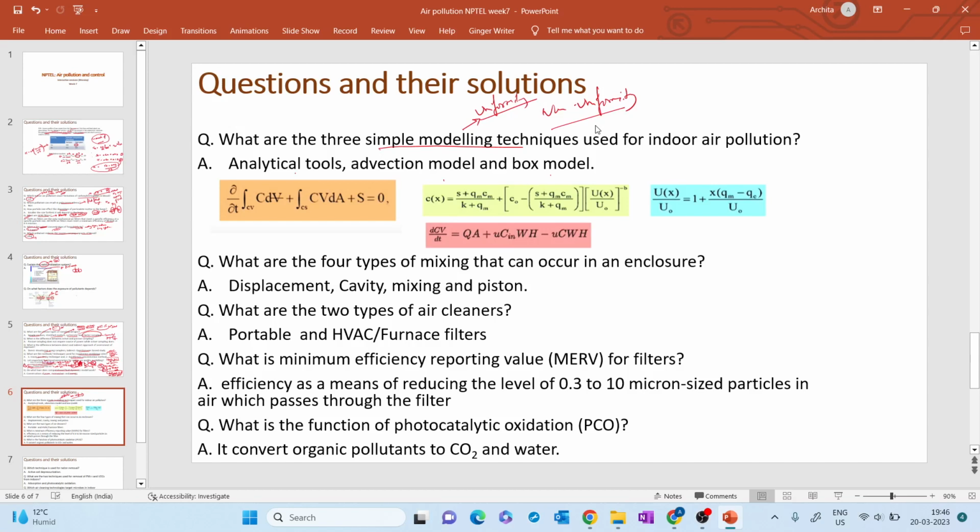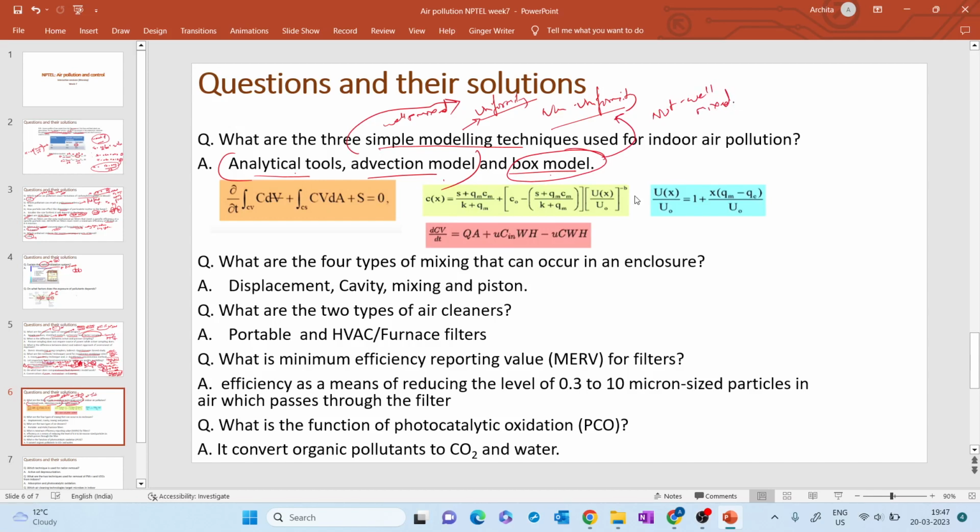So this simple modeling technique works on these principles. These three techniques are analytical tool, advection, and box model. The first two work on the well mixed part. They consider that the atmosphere or the indoor environments' pollutants are well mixed. Box model works on the principle of non-uniformity or not well mixed system.